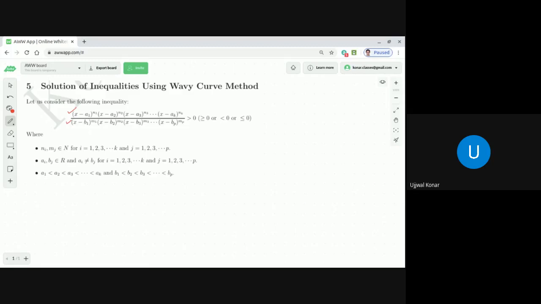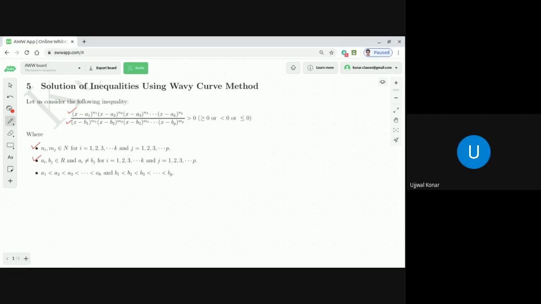These are natural numbers. And what are b1, b2, b3 up to bp? They are real numbers. And that is what we have expressed in the next 2 points. Here ni, mj belong to capital N, the set of natural numbers, where i is equal to 1, 2, 3 up to k, and j is equal to 1, 2, 3 up to p.